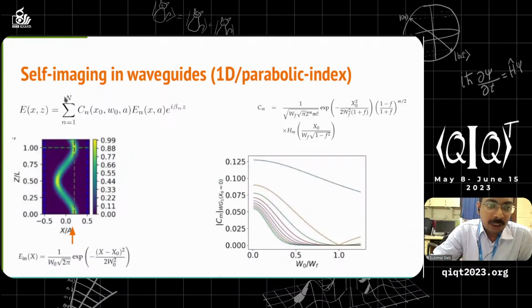But as far as these amplitude coupling coefficients are concerned, one can work out an expression for them if you use a Gaussian as an input. And that expression I have written down on the right. It can be worked out, not very difficult to work out. It's just a little lengthy. There's one thing that I would like to mention over here.